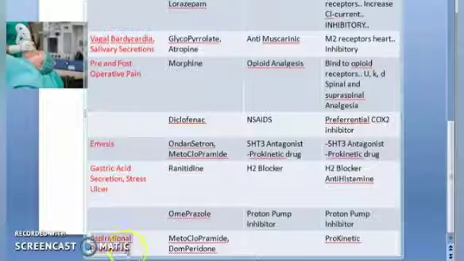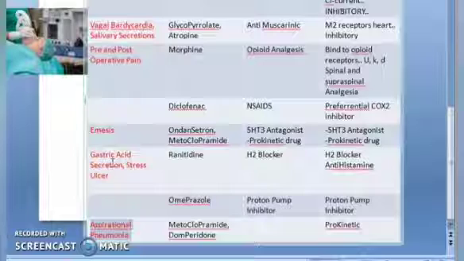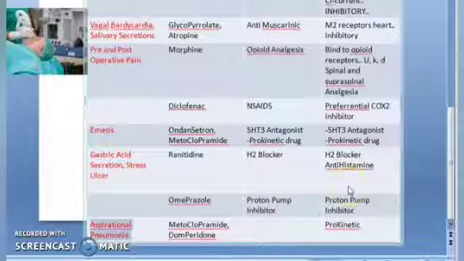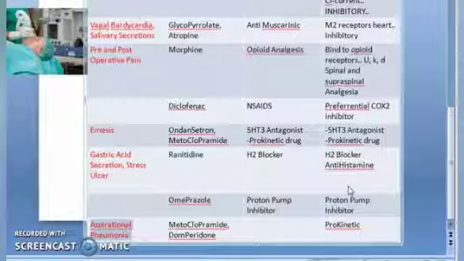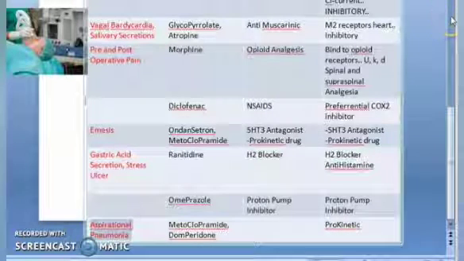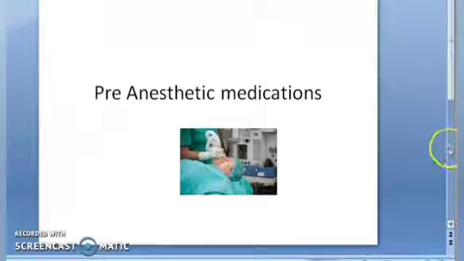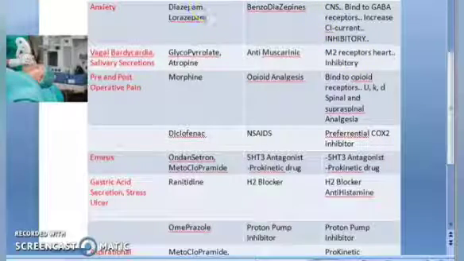And then you don't want any aspiration pneumonia. Aspiration pneumonia is not a very common thing, but in surgery the acid in the stomach may get aspirated to the lungs, and then it can lead to pneumonia. So that is what they are trying to avoid. These are the objectives of pre-anesthetic medications.